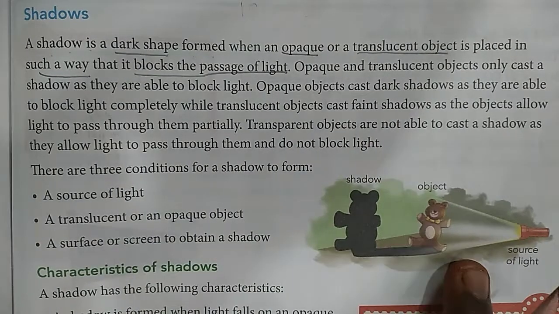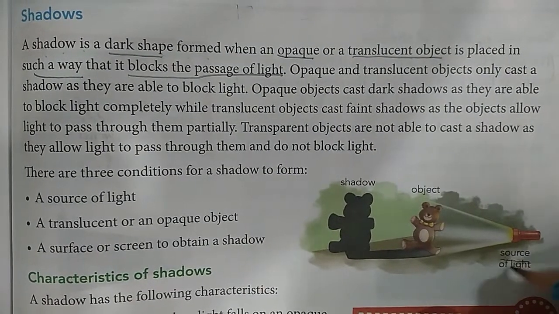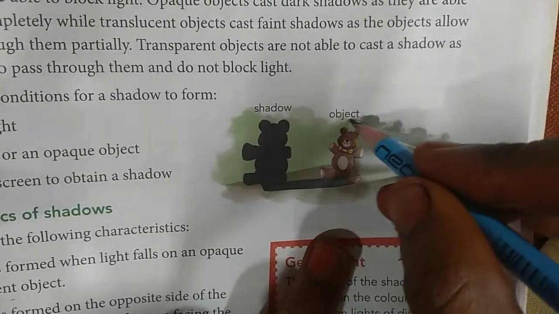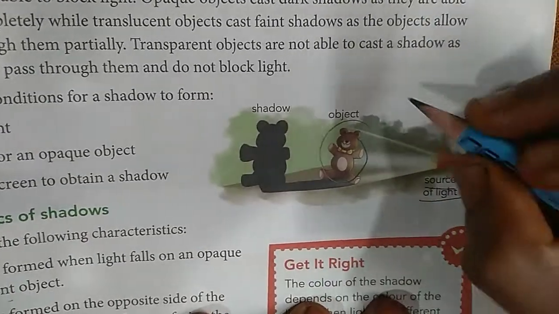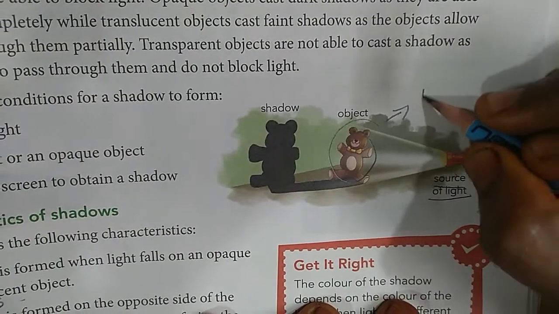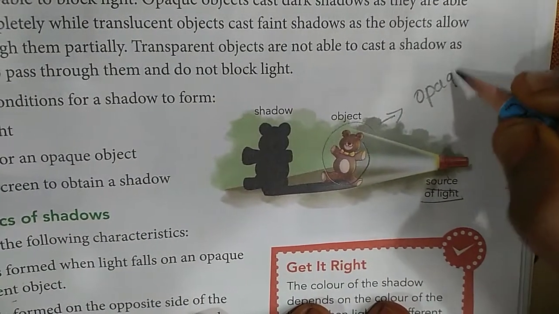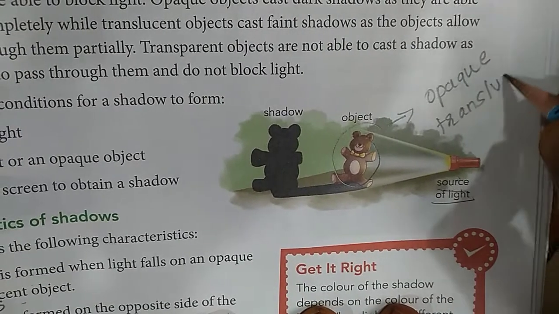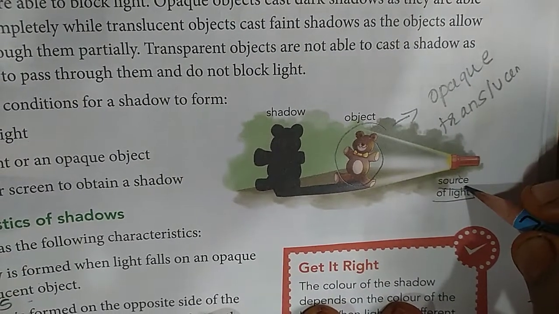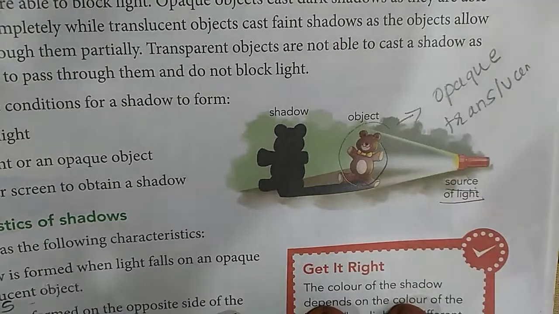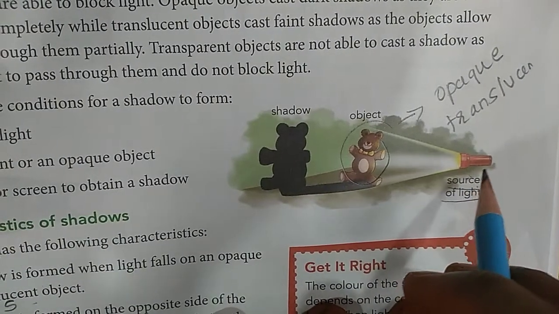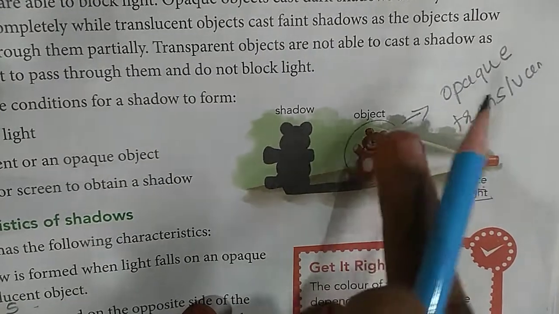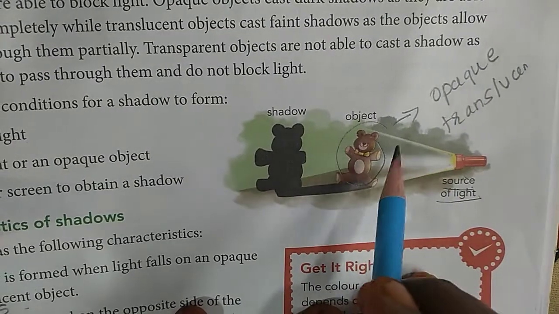Now see the diagram here. This is said to be the source of light. And this is said to be an object. This object may be opaque or it may be translucent. So when the light from the source falls on the object, what will happen? The passage of the light is blocked.